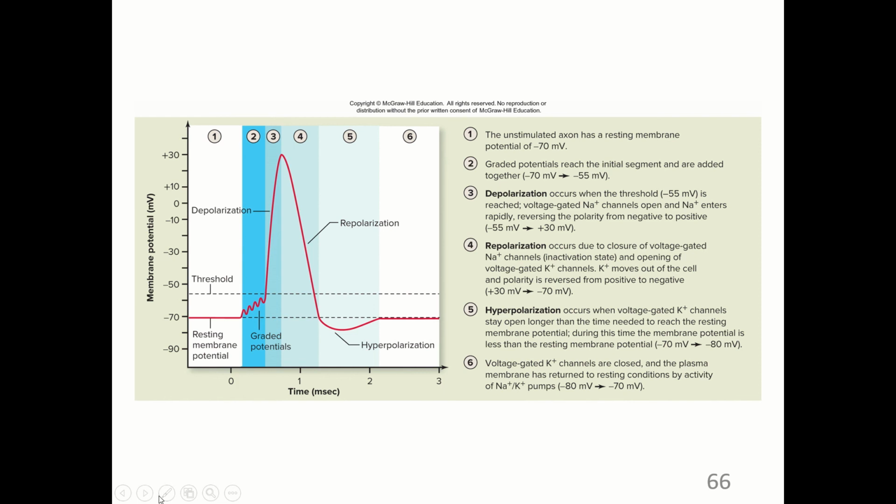This illustration shows a graph depicting the action potential. So here we are at negative 70 millivolts, a neuron's resting membrane potential. So remember, it's a little bit less negative than a resting muscle. As a result of the summation of our graded potentials, if we reach negative 55 millivolts, which is our threshold here, depolarization will occur.